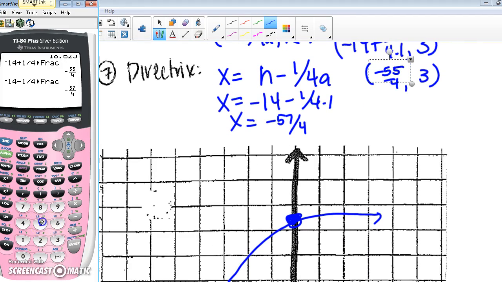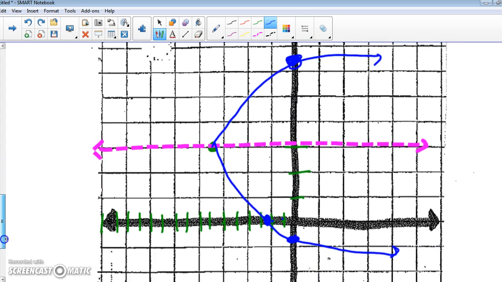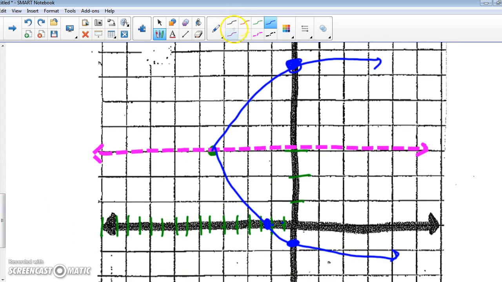So let's see, 55 over 4, negative would be negative 13.75. So our focus, if this is negative 14, will be right next to it. And our directrix should be the same distance, so it will be right behind it. And there is our picture.